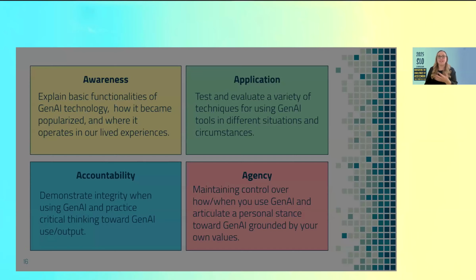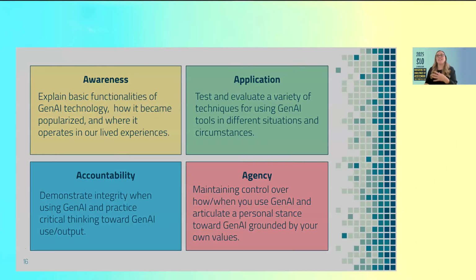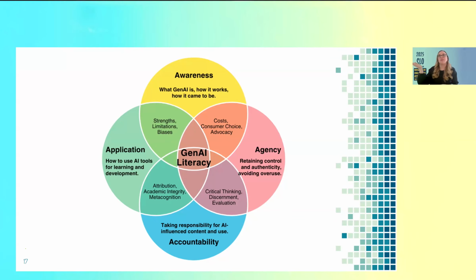These aren't discrete boxes, despite what this slide may have you believe. These things overlap, and the boundary between awareness and application is fluid, as is the boundary between agency and accountability. In these points of overlap, we can see that understanding the strengths, limitations, and biases of AI is somewhere in between awareness and application.